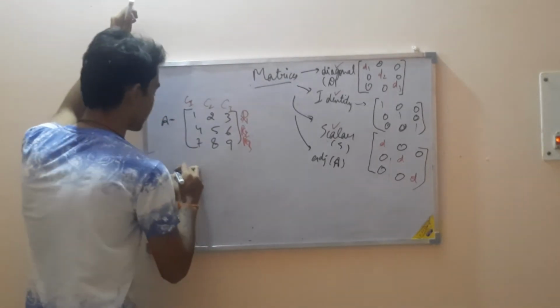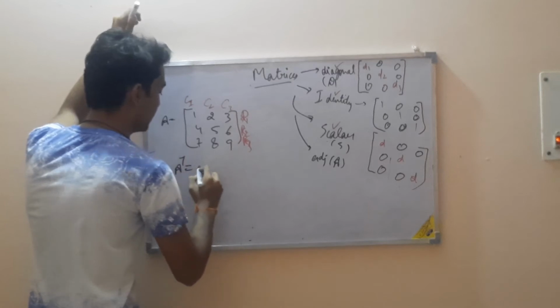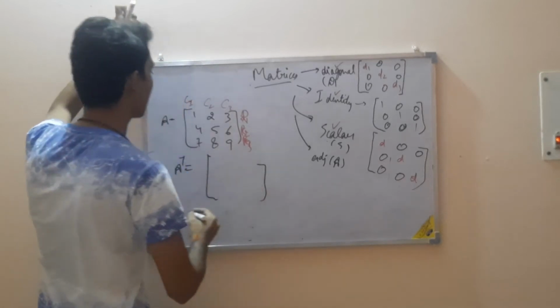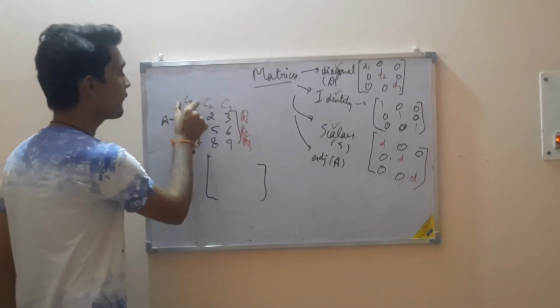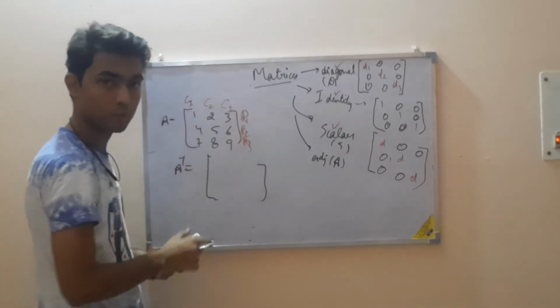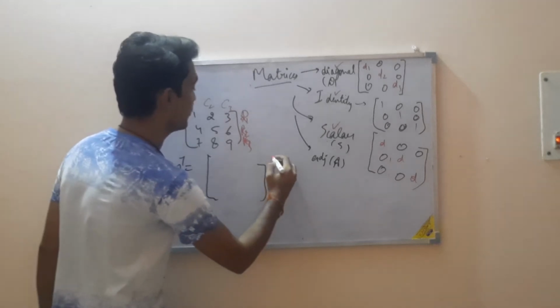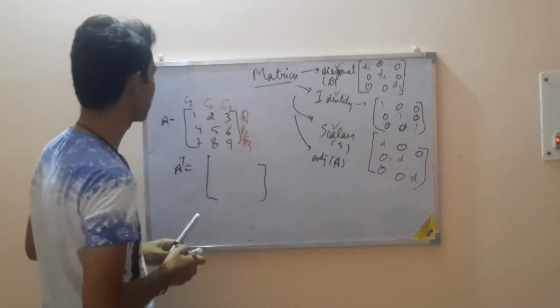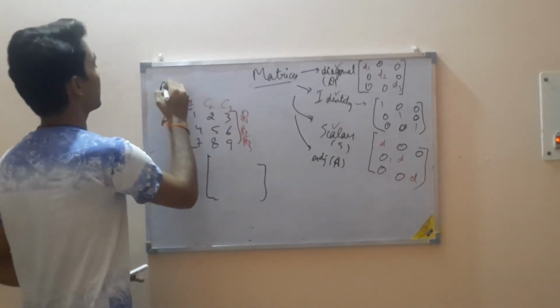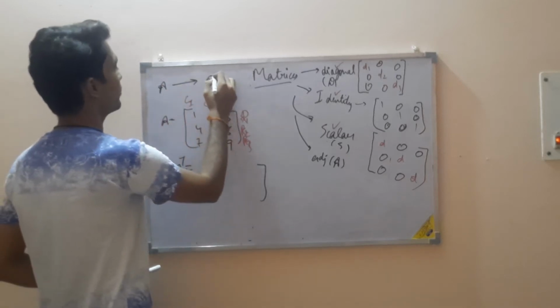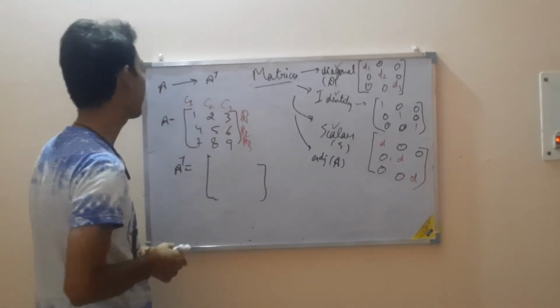So A transpose will be: column 1 will become row 1. How to go from A to A transpose?